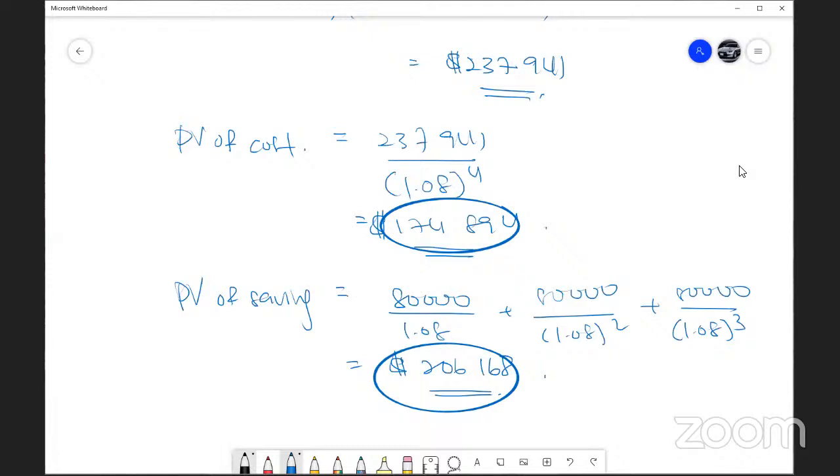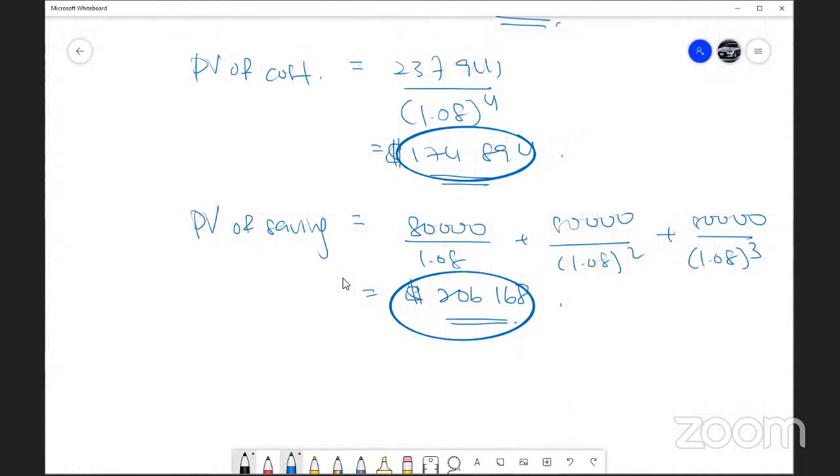So your cost is 174,000, but now if you share with the officers, you save $206,000. So your present value of saving is more than your cost. So in that case, you should allow wider use, more value for money.